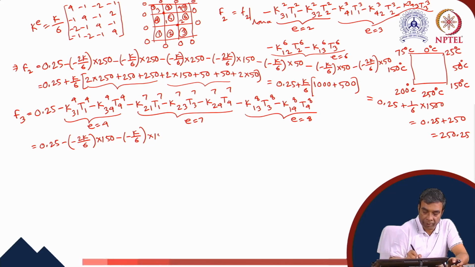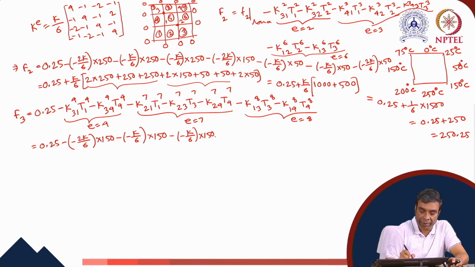So this is 150 degrees centigrade. Minus K217. K21 is minus K by 6, minus K by 6 into T17. T17 for the seventh element, first local node, lies on the left wall. This temperature is also 150 degrees centigrade.